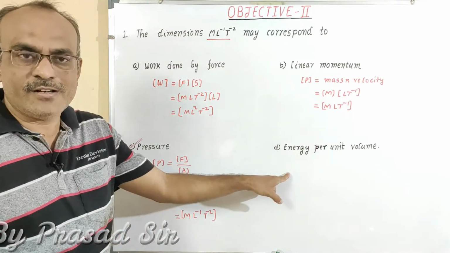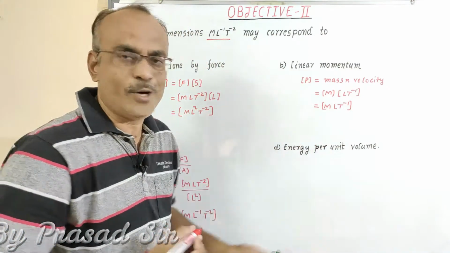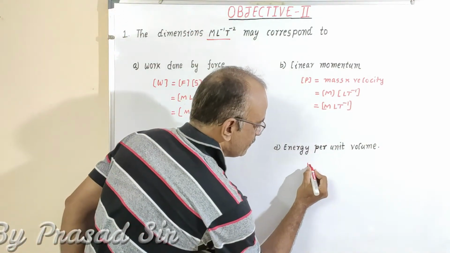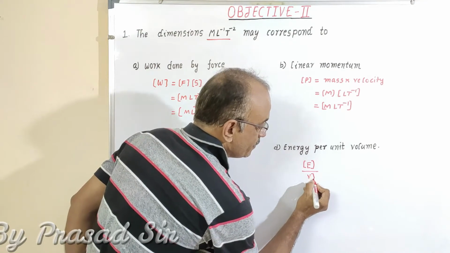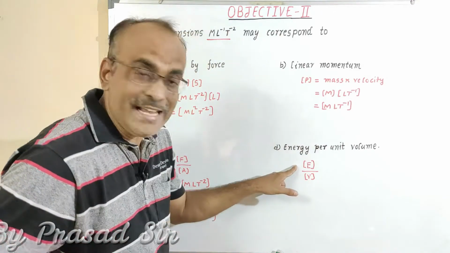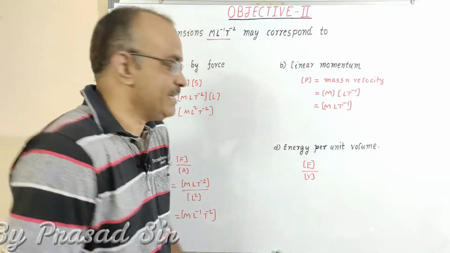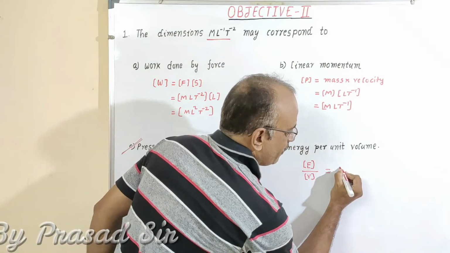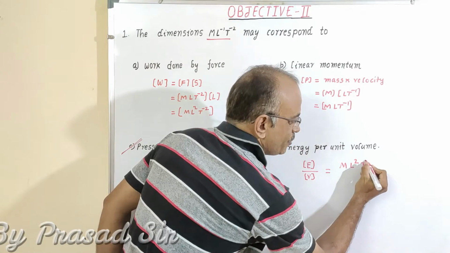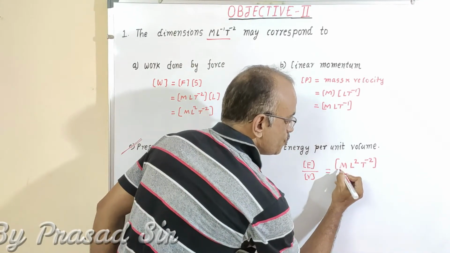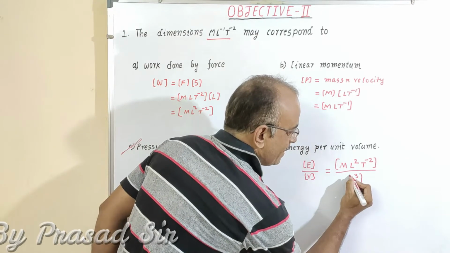Then check the fourth one also. That is energy per unit volume. Energy means potential energy, kinetic energy, whatever the energies are. We know the dimensional formula for energy is M L square T to the power of -2, divided by volume, which is nothing but L cube.